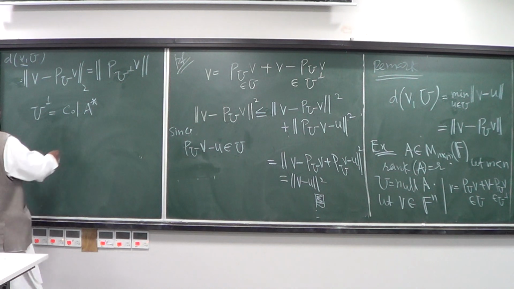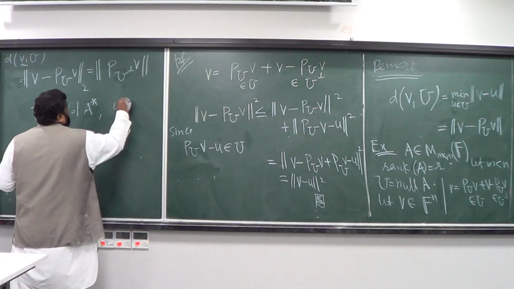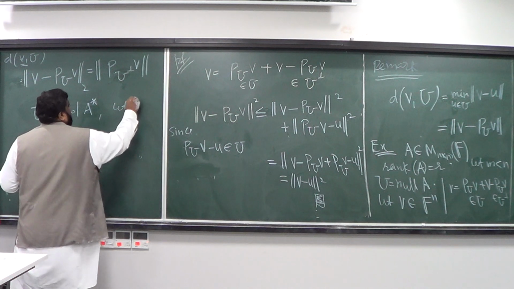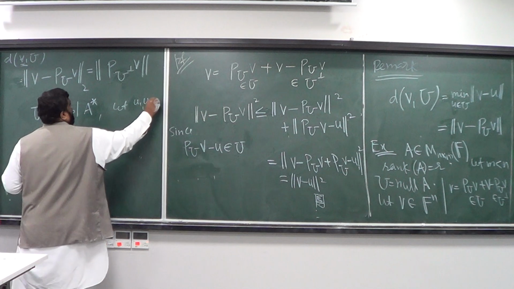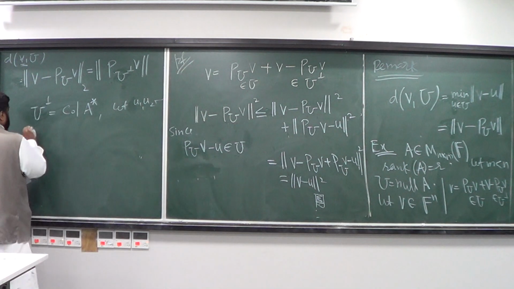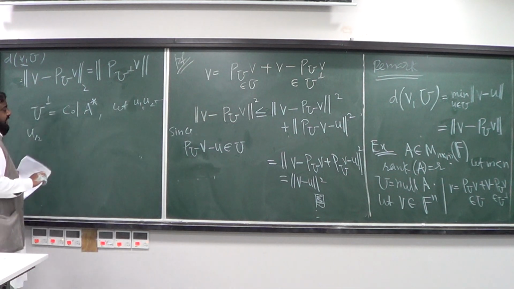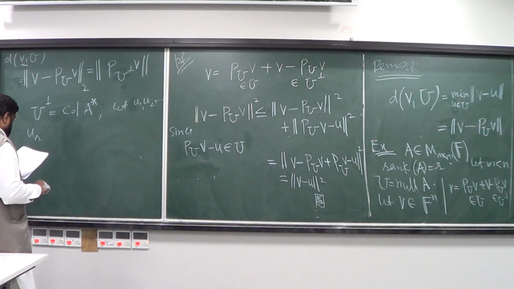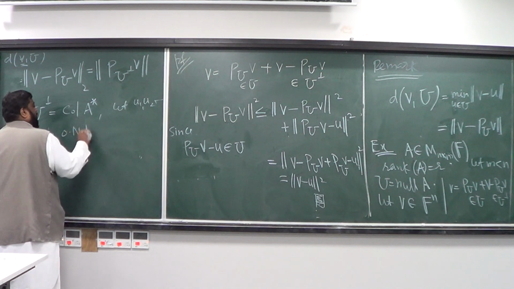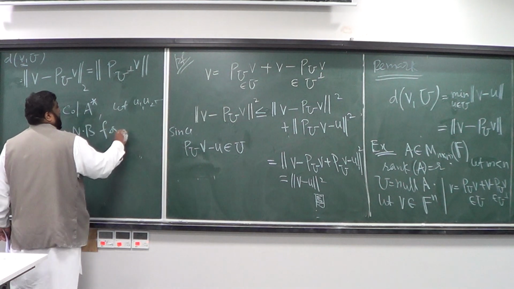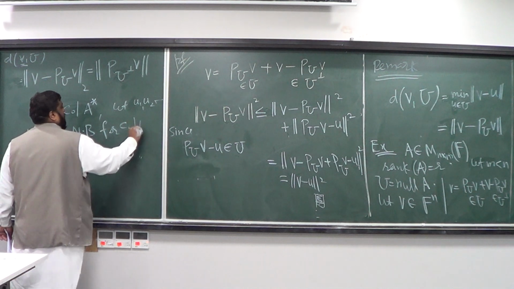Okay, and say let U1, U2, and so on up to U_{n-r} be an orthonormal basis. So it's the orthonormal basis for the column space of A star.